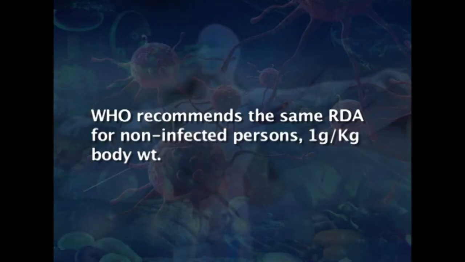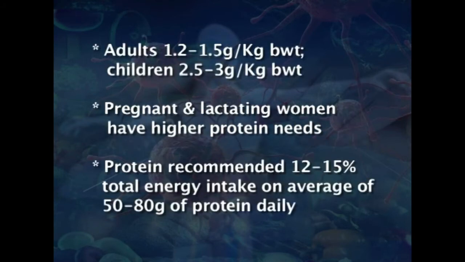WHO recommends the same RDA as for non-infected persons, that is 1 gram per kg of body weight optimum protein intake. Adults 1.2 to 1.5 grams per kg body weight and children 2.5 to 3 grams per kg body weight. Pregnant and lactating women have higher protein needs, therefore they are recommended 12 to 15% total energy intake, on average 50 to 80 grams of protein per day.